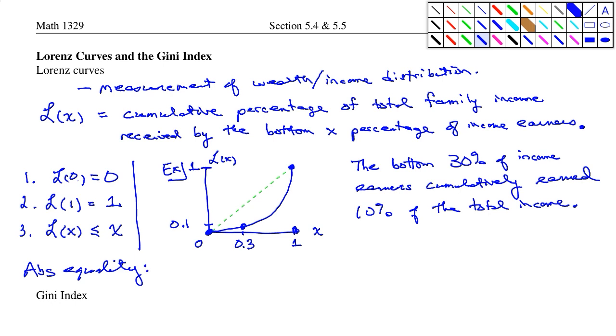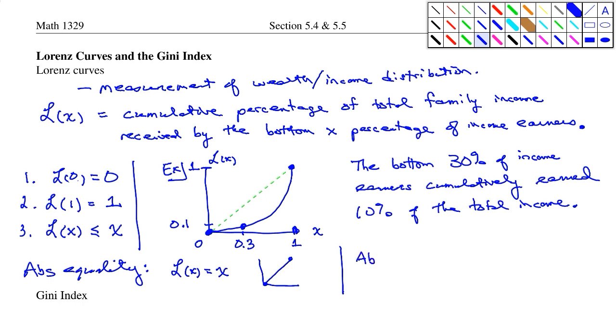Well, if that's true, then the bottom x percent must have the bottom x percent of the income. So in other words, L of x is equal to x. And the curve is exactly that line that was the upper boundary for what we were talking about, the green curve and the one above it. That's absolute equality. Everybody is equal. Everybody gets the same percentage of wealth.